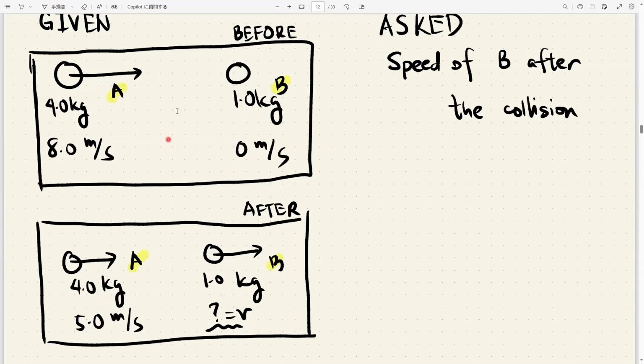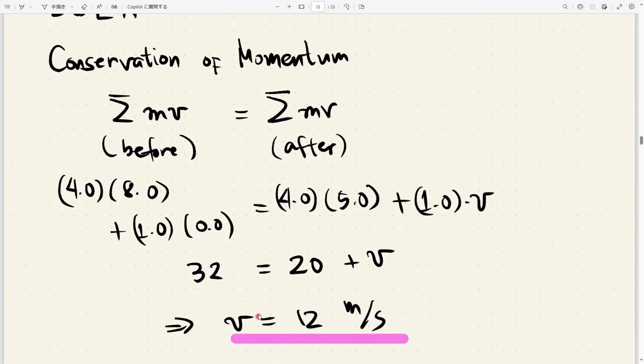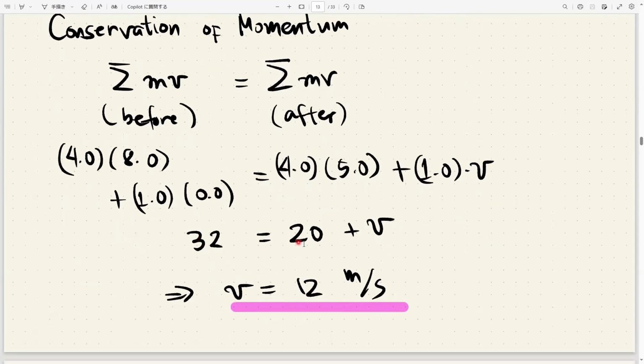So that's 32 equals 20 plus V, and that gives us a V of 12 meters per second.